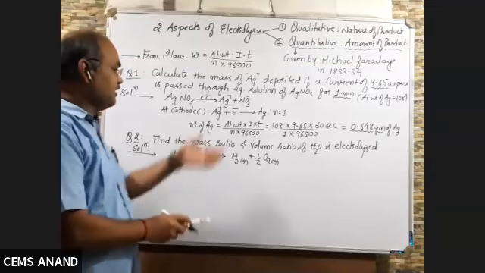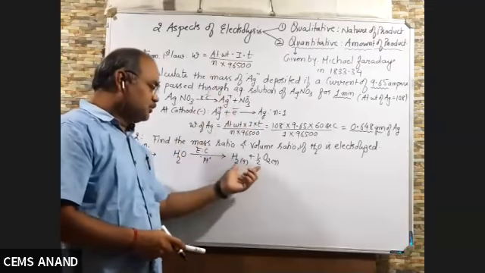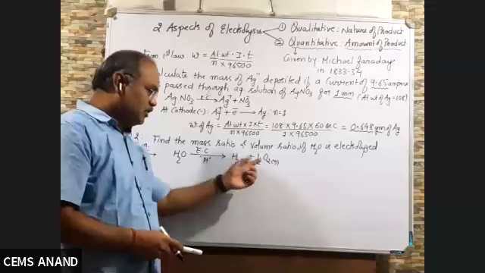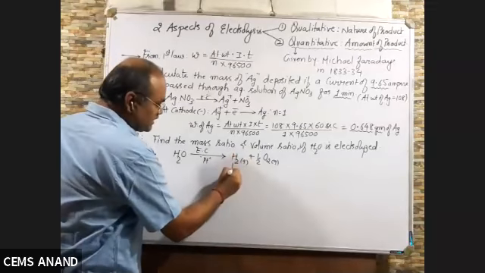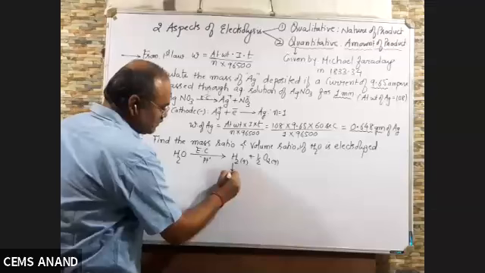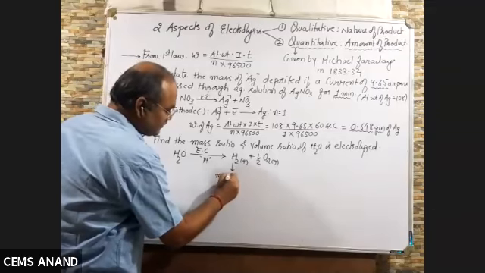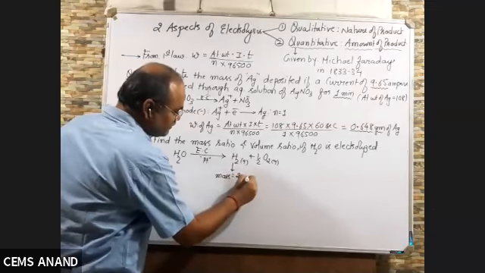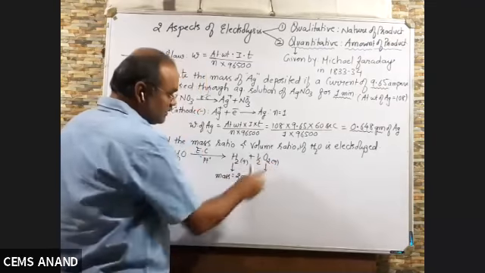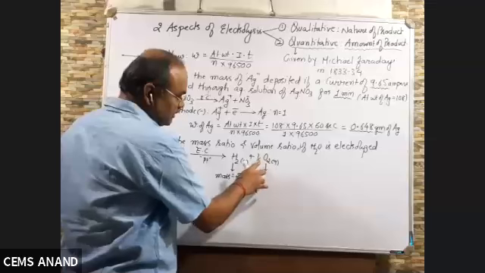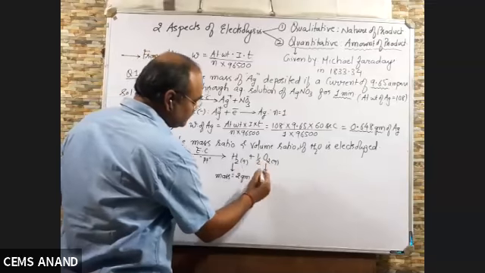Now we don't need this formula. Directly you can use this: H2 gas 1 mole, O2 gas half mole. Now 1 mole of H2 gas has a mass of 2 gram. Here the mass will be 16 gram, since 16 twos are 32, 32 by 2.